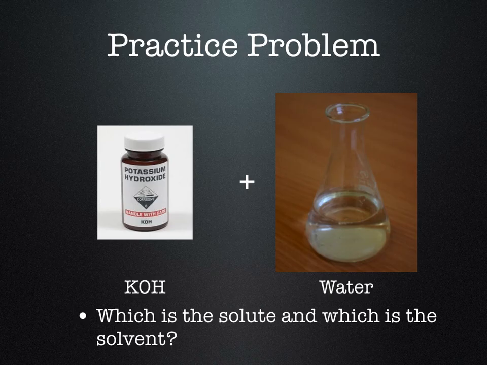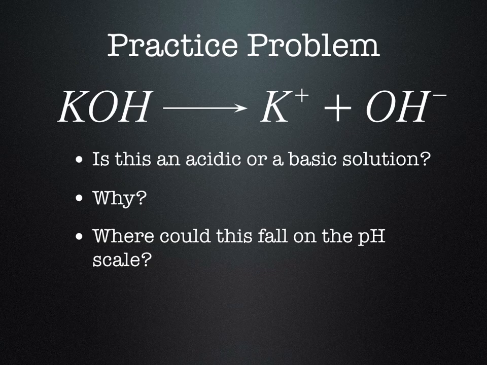Which is the solute and which is the solvent? Well, since KOH goes to OH minus, this is a base. And where could this fall on the pH scale? Anywhere from above 7 to 14.